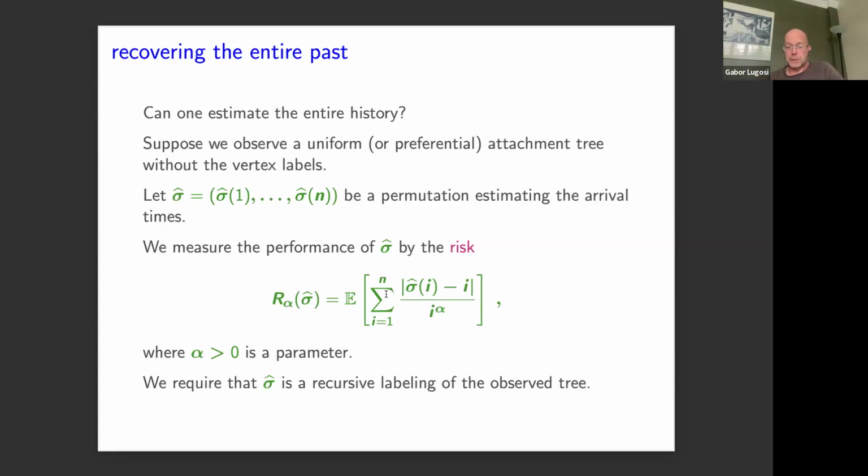If alpha is 0, then we're just summing up all these differences. But it often makes sense to give more weight to early vertices. Those are more important, right? So if alpha is very large, then the root vertex will have a big weight. If alpha goes to infinity, then this basically reduces to the finding Adam problem.